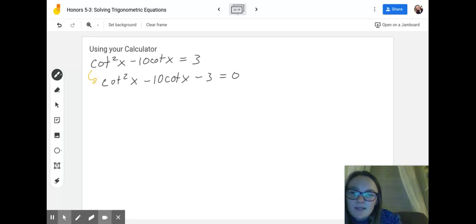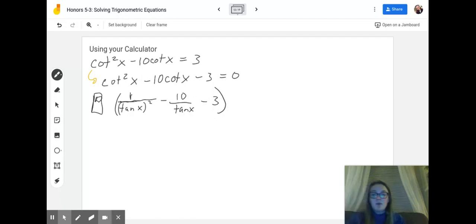So what I could write in my calculator is parentheses, 1 over tangent of x, squared, minus 10 divided by tangent of x, minus 3.